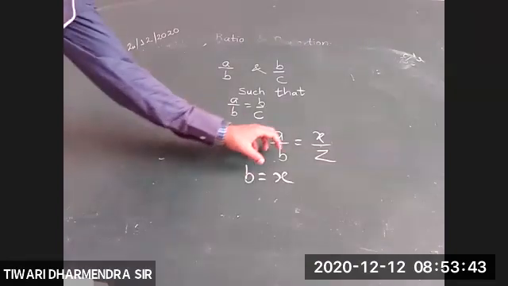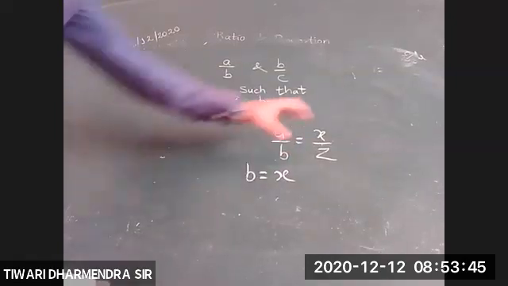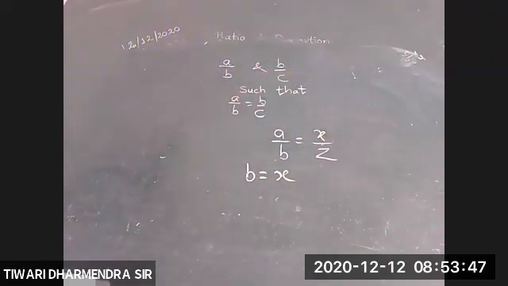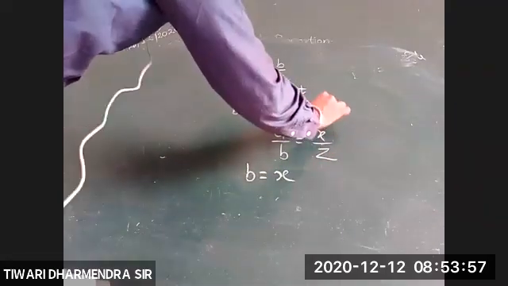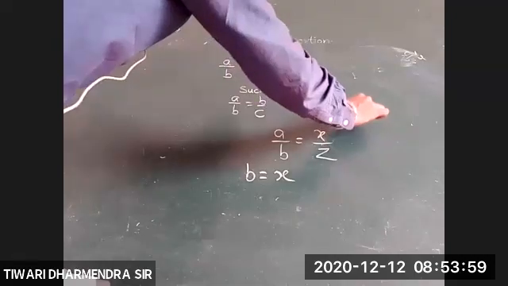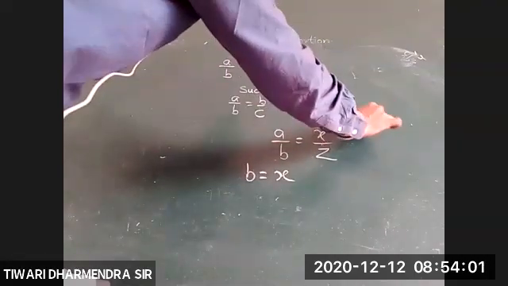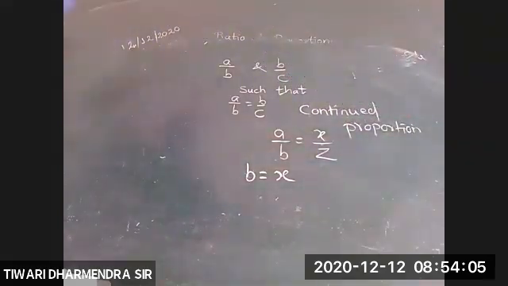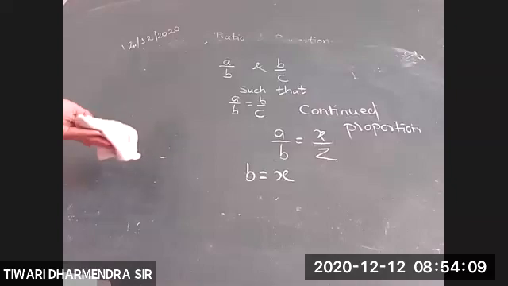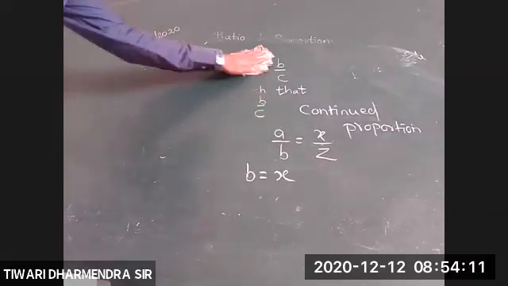If the denominator of the first ratio is the same as the numerator of the second ratio, then they are termed to be in continued proportion. Now we understood the meaning of continued proportion.